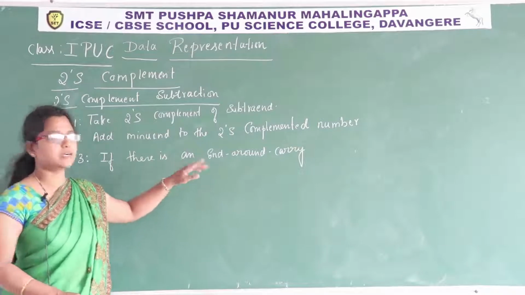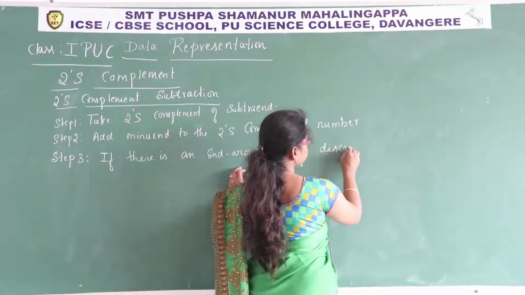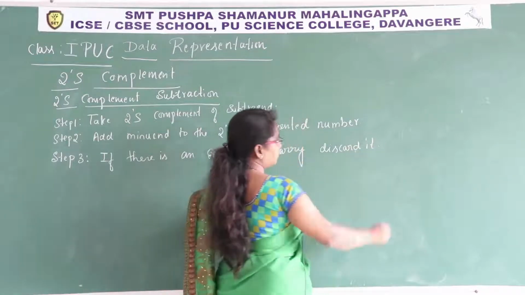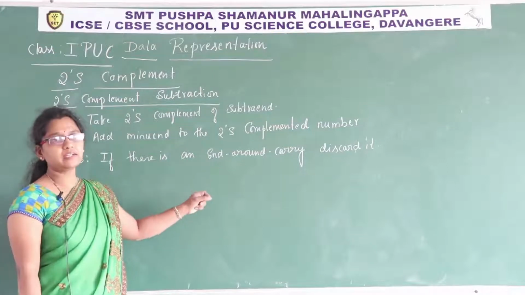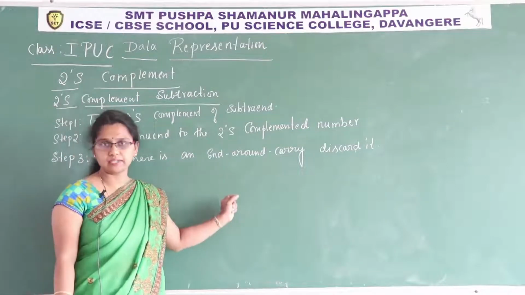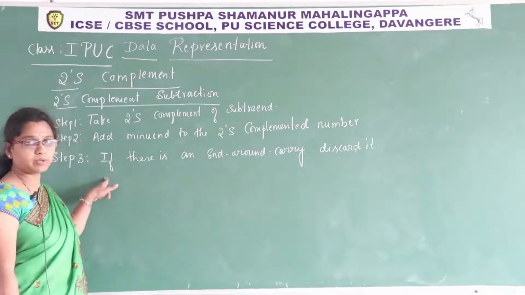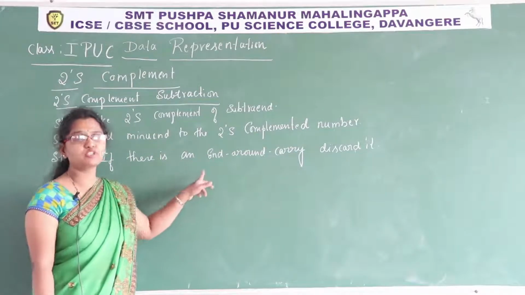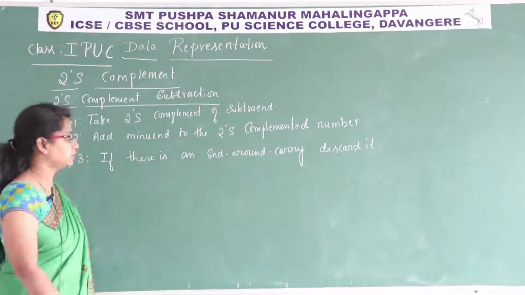Here we have to discard. If there is end around carry, discard it. That is the difference. In one's complement, if there is any end around carry, we will add that end around carry to the LSB of the result. That gives the final result. In 2's complement, if there is end around carry, we should not add it. You have to discard this end around carry.